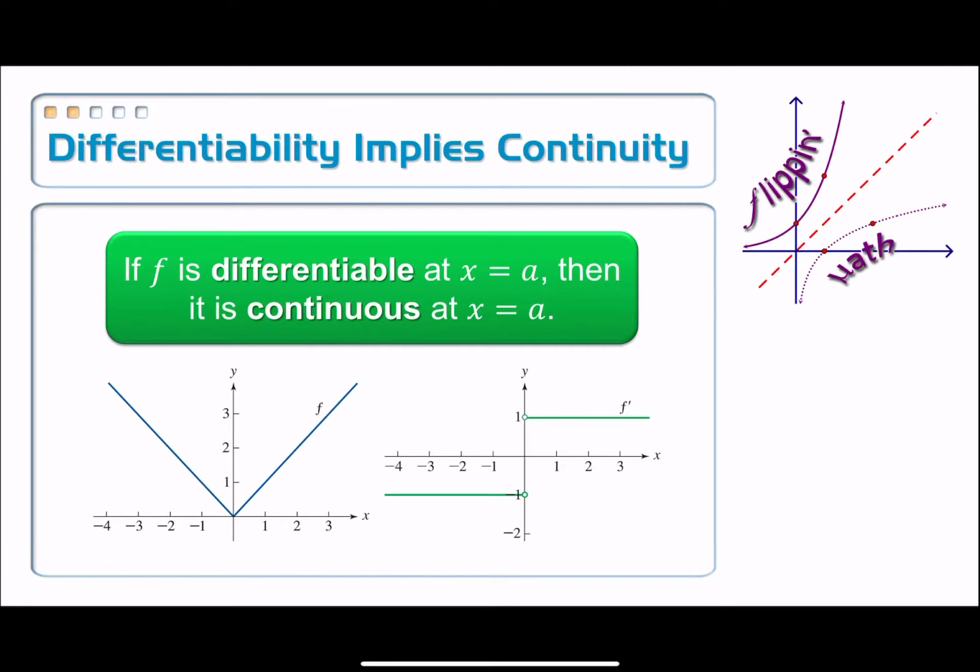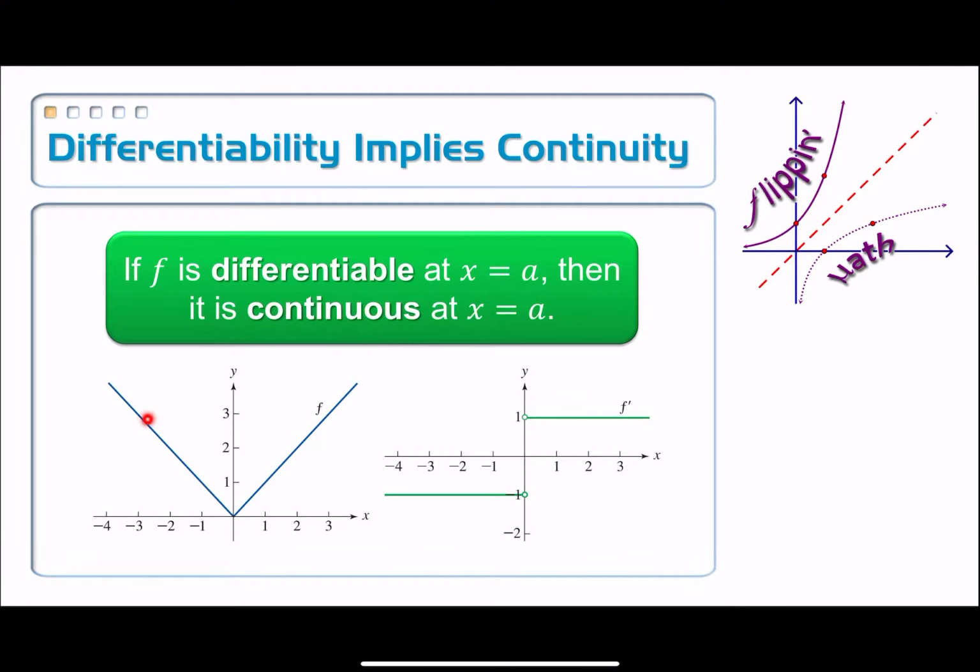And so the actual statement here is if f is differentiable at x equals a, remember that means that you can take the derivative there, the derivative actually exists, then it is continuous at x equals a. It's an if-then statement. So the condition that must be satisfied is that your function is differentiable, and then we can conclude that it's continuous at that particular point.